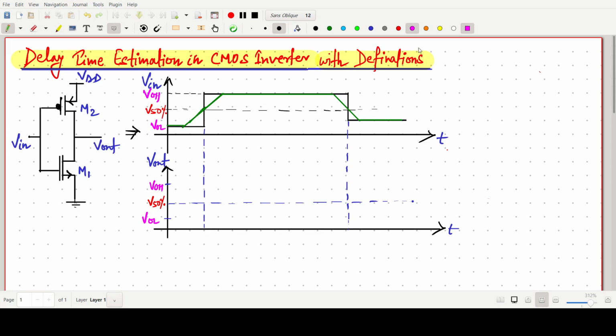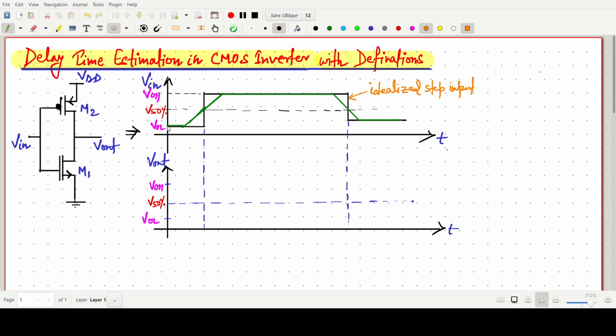I have already drawn the input which is given to the inverter circuit. This is the input. This black line is the idealized step input. And this green one is the practical kind of input we are giving.